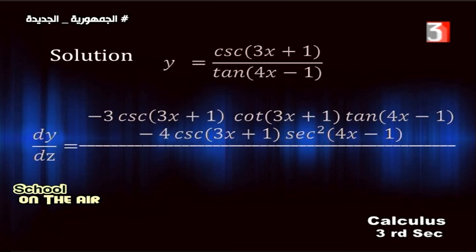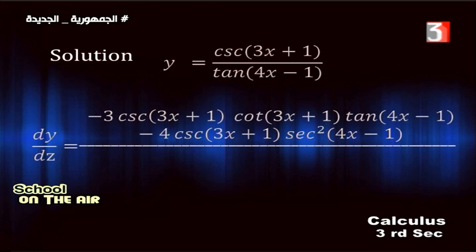minus 4 cosec 3x plus 1 multiply sec squared 4x minus 1. The derivative of the function in the denominator, the derivative of tan 4x minus 1, equals 4 sec squared 4x minus 1, multiply cosec 3x plus 1, which is the function in the numerator.